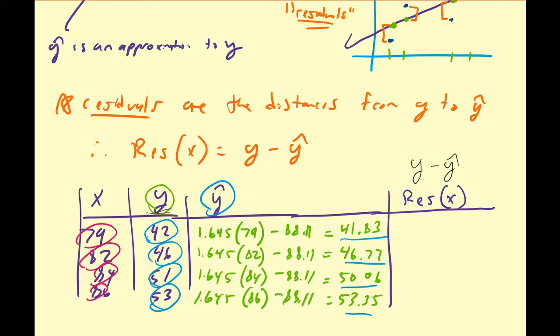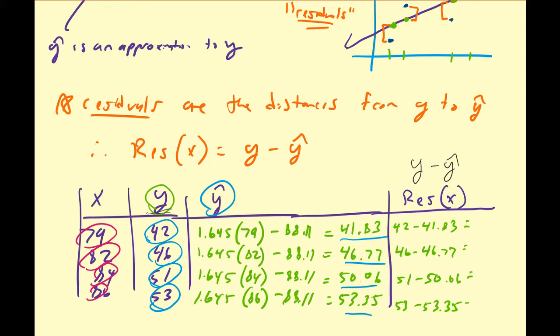The first is 42 minus 41.83, then 46 minus 46.77, 51 minus 50.06, and 53 minus 53.35.